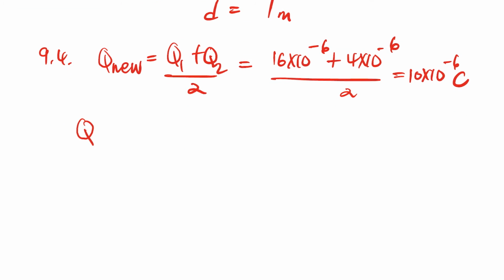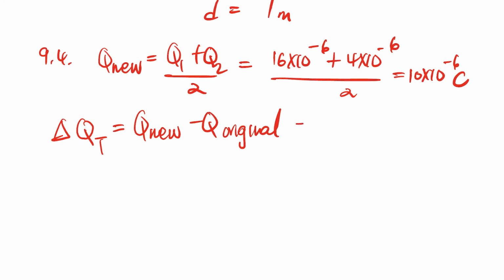And then we'll calculate the charge transferred. It's going to be Q new minus Q original. Q new is 10 times 10 to the power negative 6, minus the original. The original, we can take 16, so it's going to be negative.